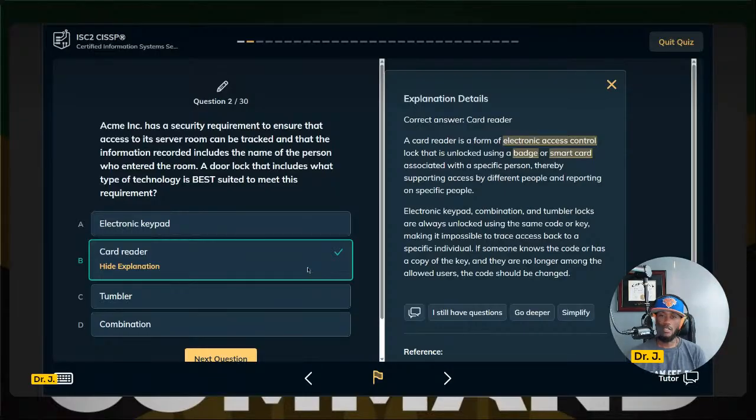Everyone has a unique smart card, which will have their picture that matches up to them. Folks use that card to log into their specific systems and to get in and out of different spaces that have card readers. So that's why card reader made sense for this question.